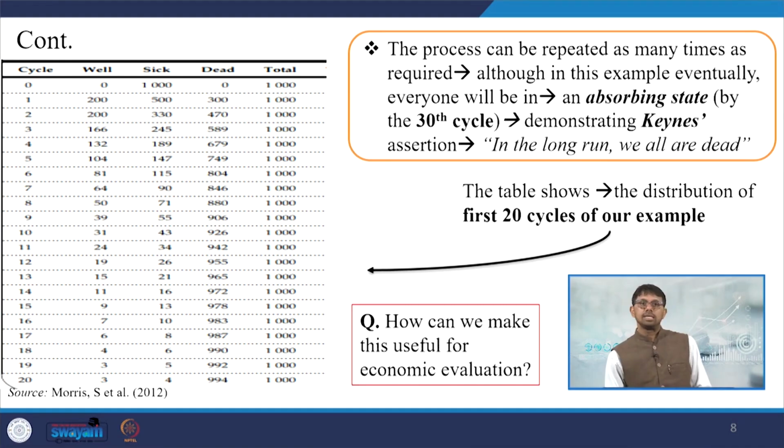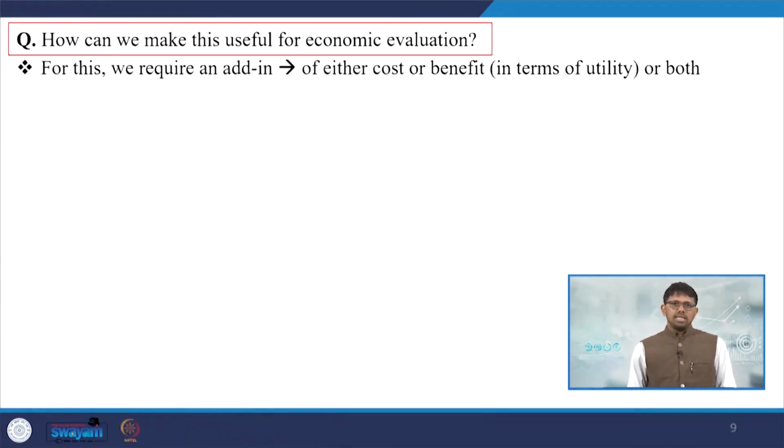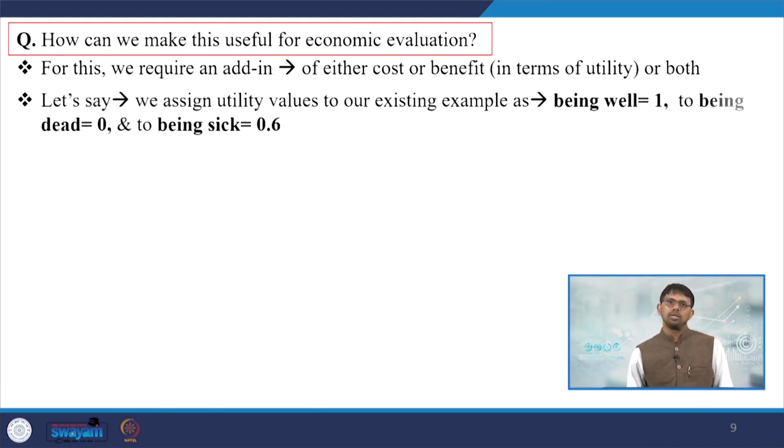How can we make this useful for economic evaluation? We require further add-ins of costs or benefits, or in terms of utility. So, let us assign utility values to our existing example. Being well is 1, being dead is 0, and for sick let it be 0.6.